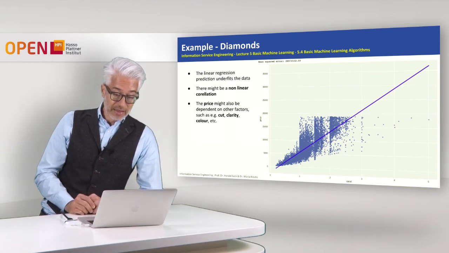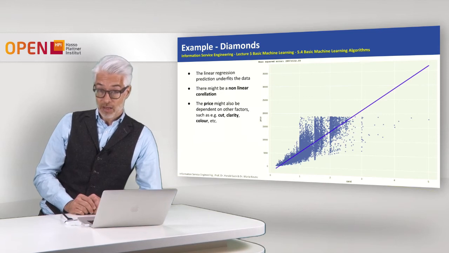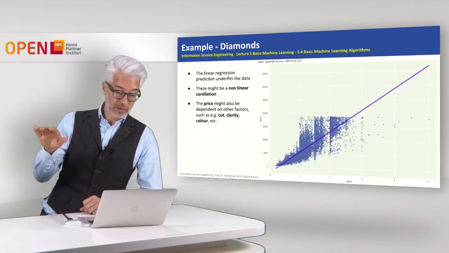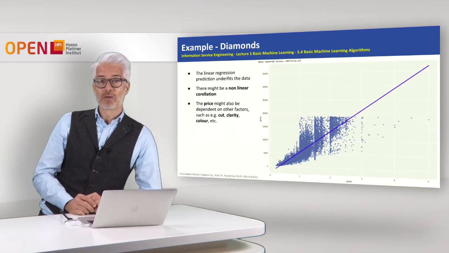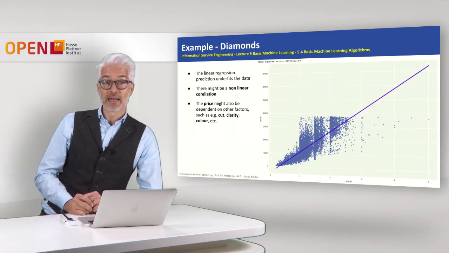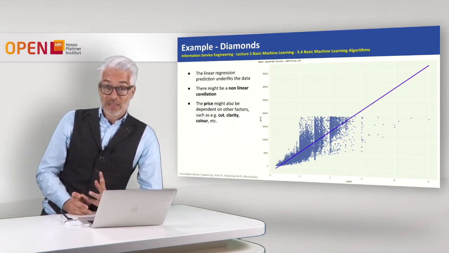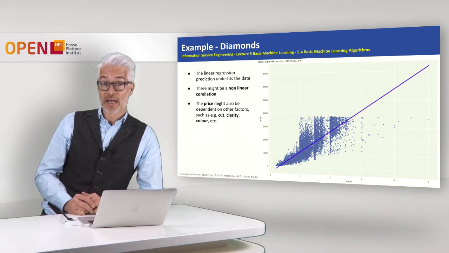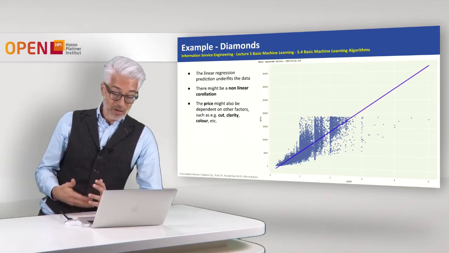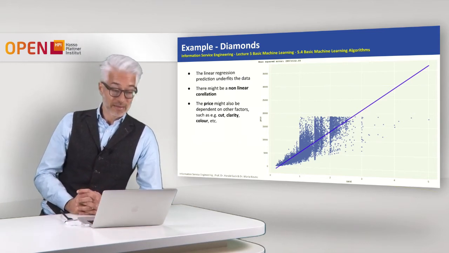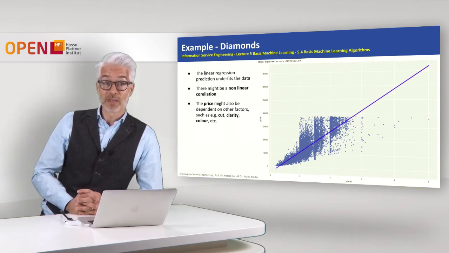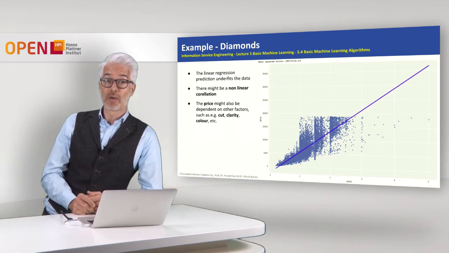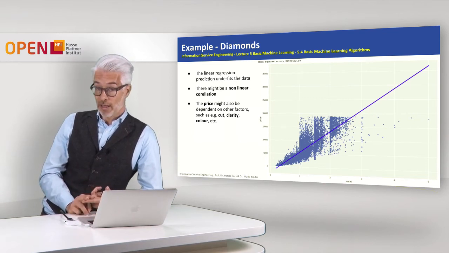And what you come up with, if you do linear regression, will be something like that. And you see clearly, okay, there is a line going through the midst of this scattering of plots, and it underfits the data. It underfits it, which means probably there is not really a linear correlation between them, and probably also other kinds of factors play into the game and are an important factor for determining the price of the diamond, which might be, of course, the cut, the color, or the clarity.